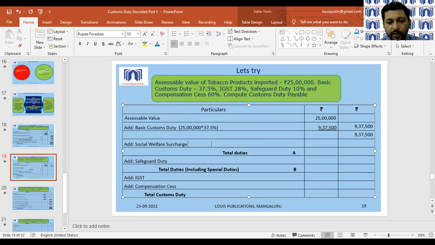Then we have social welfare surcharge at 10%. It is 10% of BCD, NCCD and CVD. Now we have only the BCD total over here. So it is 9,37,500 into 10%, which will work out to 93,750.